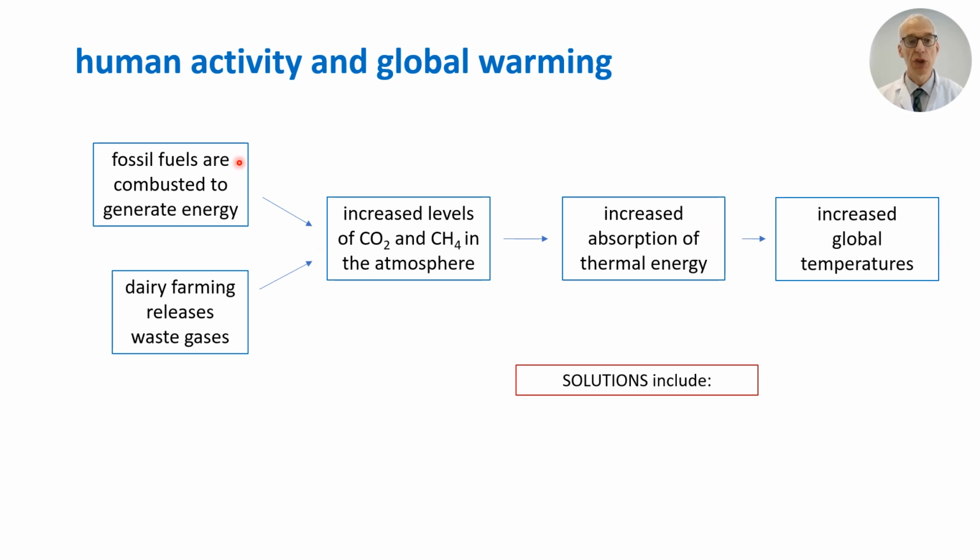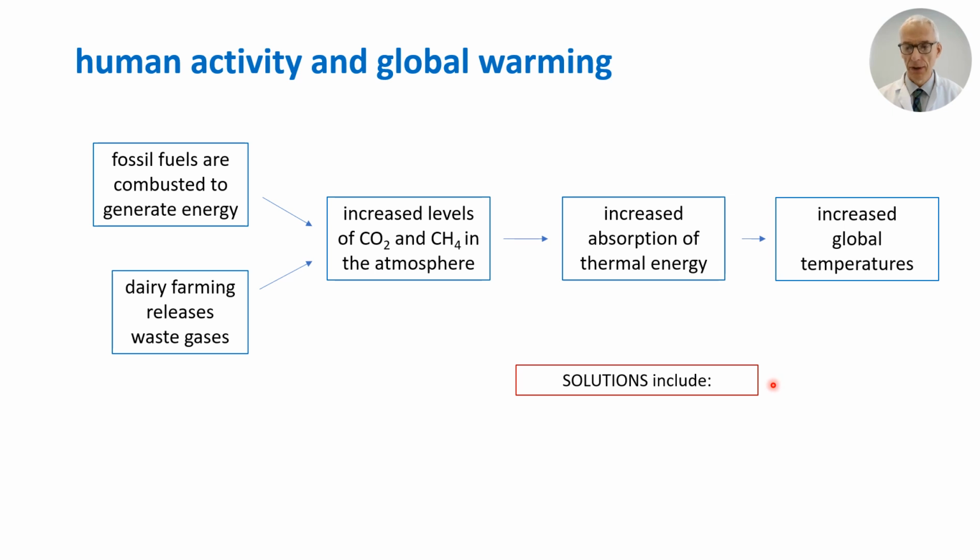So the link between human activity and global warming is through increased levels of carbon dioxide and methane, which are greenhouse gases. So there's an increase in the absorption of thermal energy, and that leads to increased global temperatures.